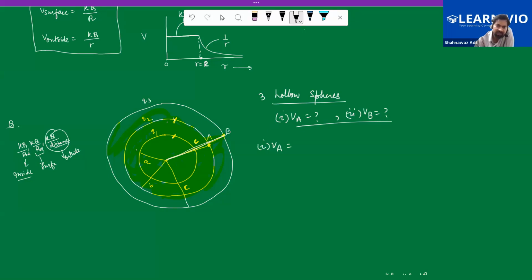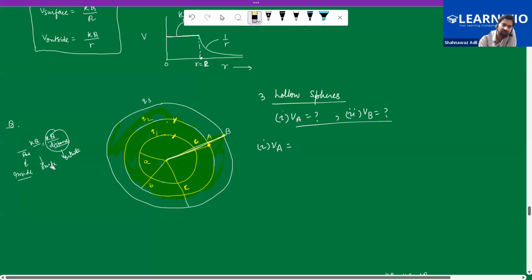So these are all hollow spheres, right? And we already know for a hollow sphere what the electric potential is.